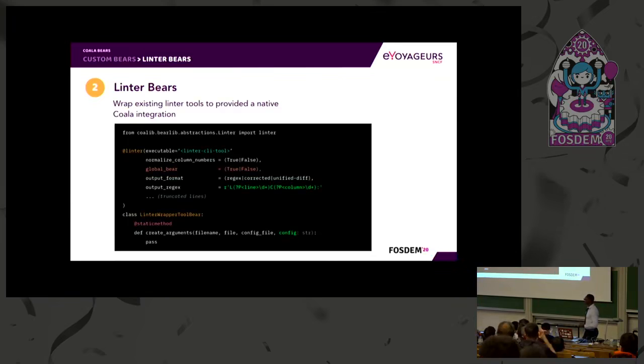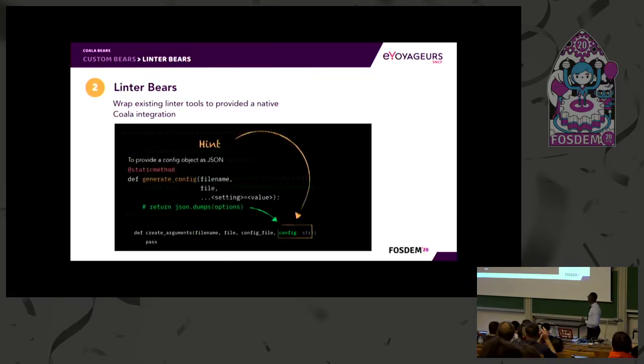The particularity there is that the linter beer has to implement the create arguments. That's how you pass arguments to your executable. We'll see an example. And you also have a way to provide a configuration.